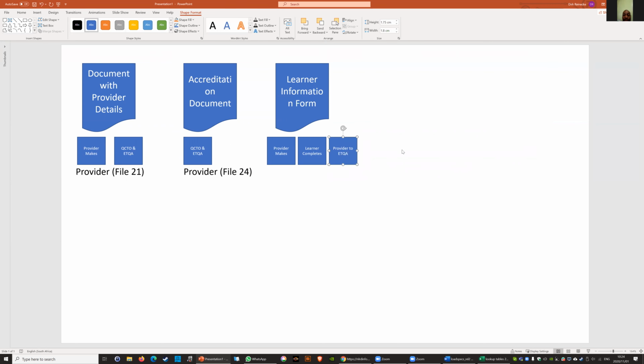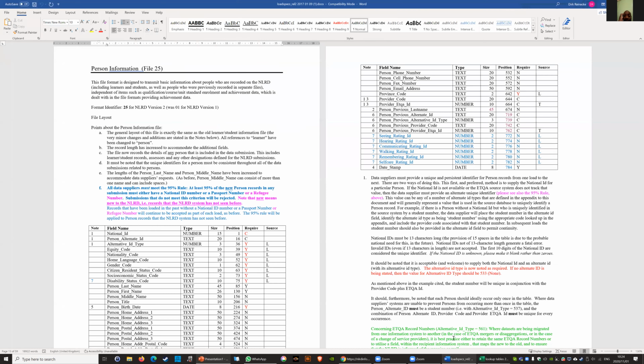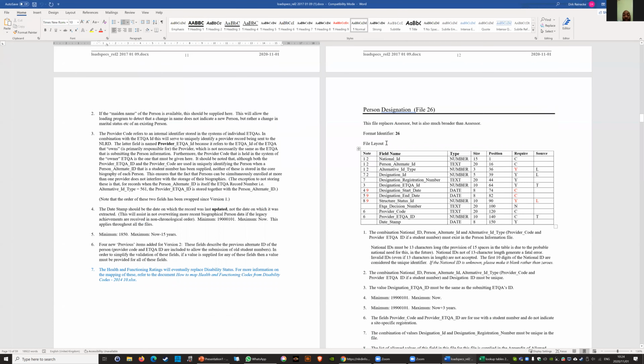And then the ETQA gives it through to SAQA. And this is file number 25.